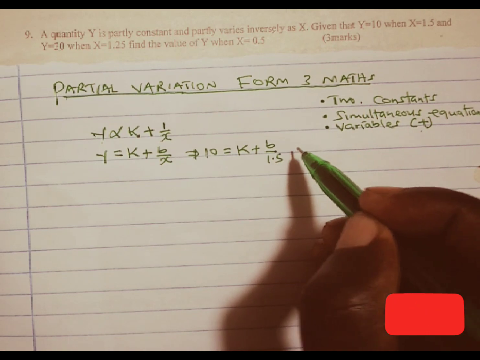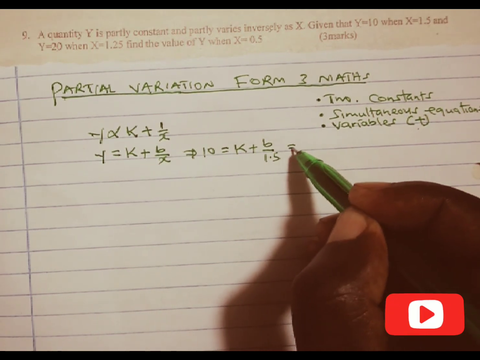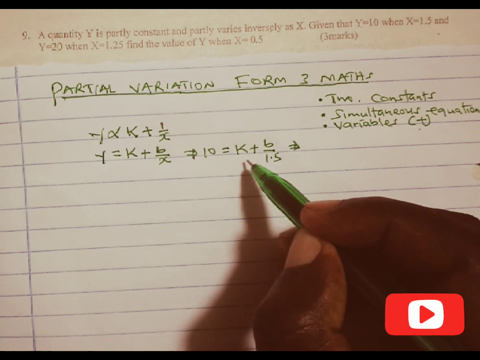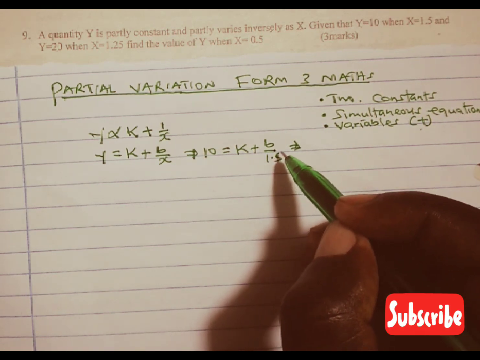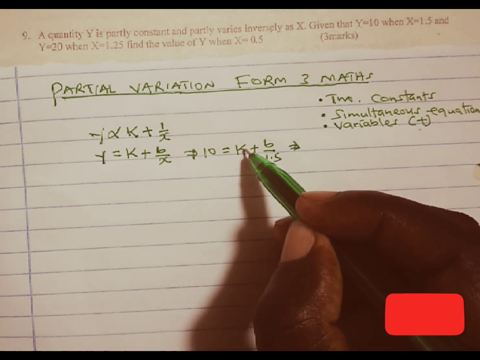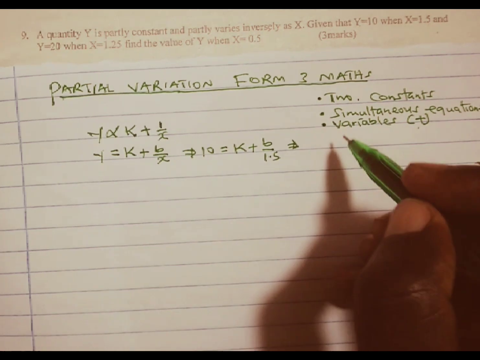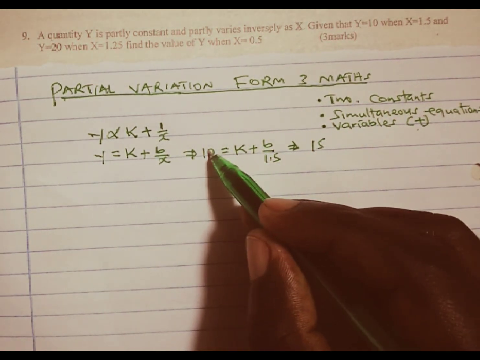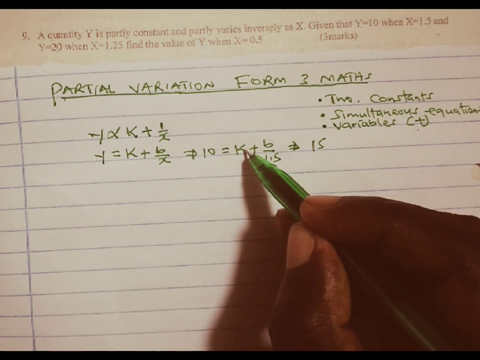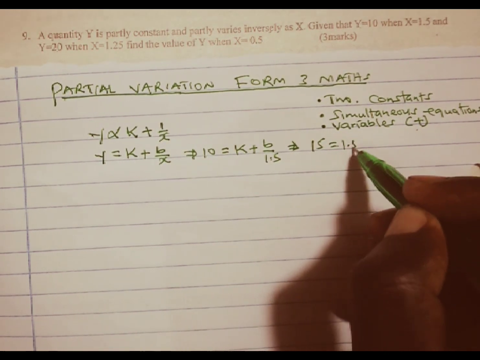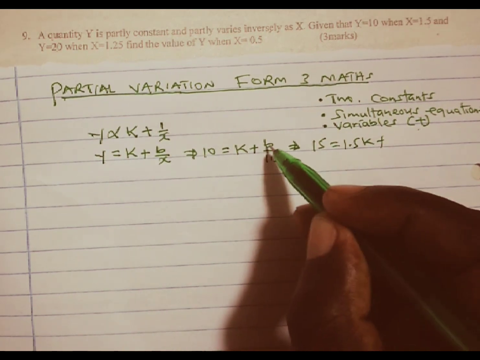If we cross multiply with 1.5 so that we can get rid of the fraction, 1.5 and 1.5 will cancel. You multiply here with 1.5, we are going to have 15. That is 1.5 times 10. Then 1.5 times k will give us 1.5k plus of course b.